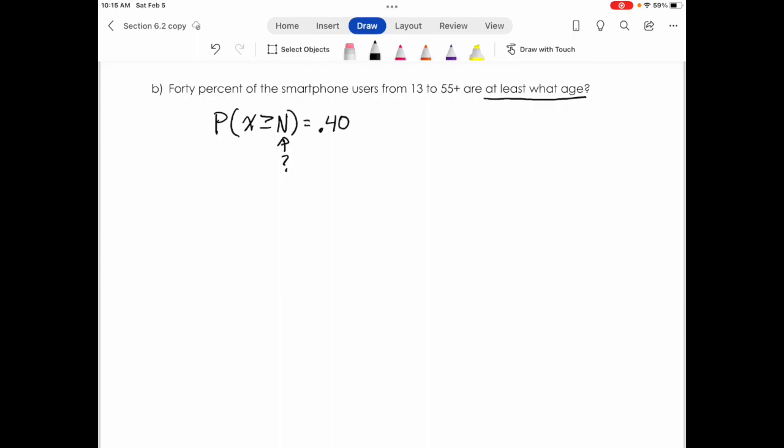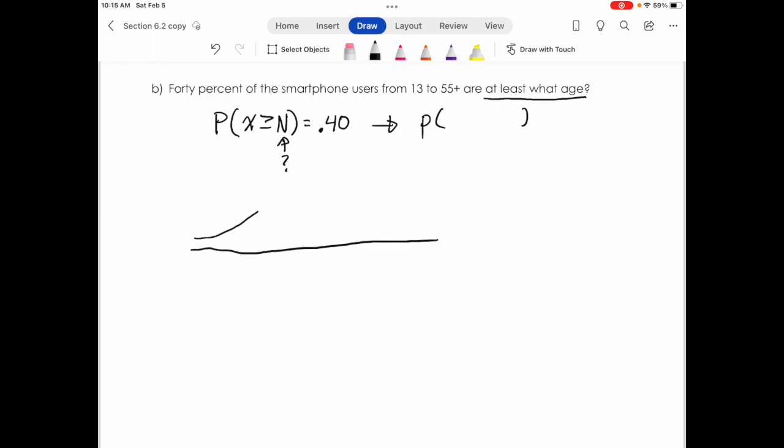And that gives us a probability of 40%. But remember, when we put it in the calculator, the percentiles are represented by the percentage that is to the left.